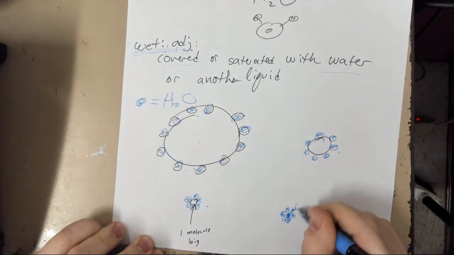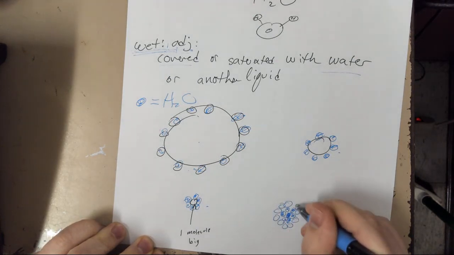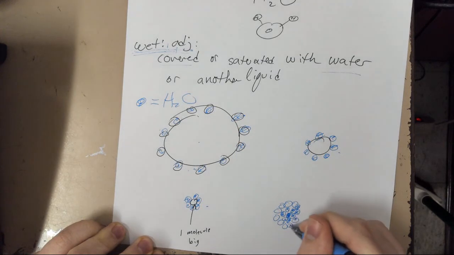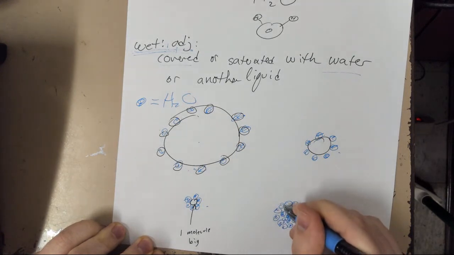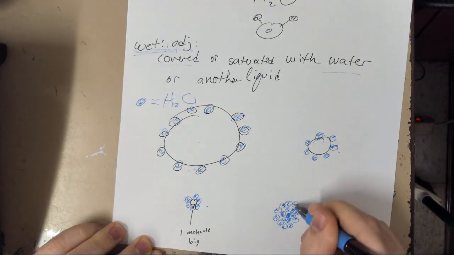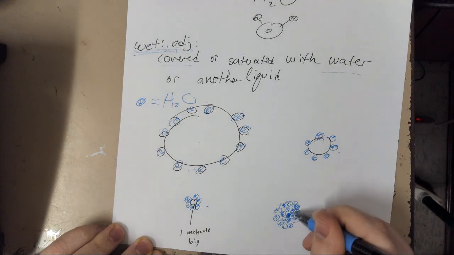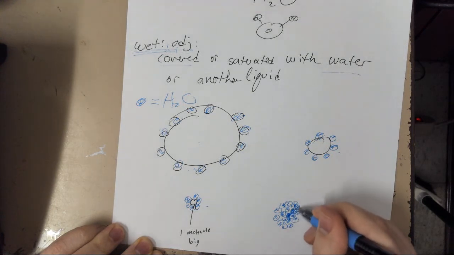And if you line up more, then look, if you put them all together like in a drop of water, and there are a billion trillion water molecules in a drop of water, then if this one is surrounded by water molecules and that one's wet, well, look, this one is too, because it's surrounded by other water molecules, therefore it's wet.